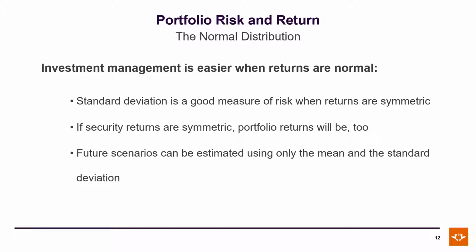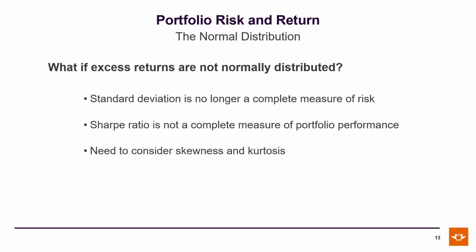But unfortunately, this is not always the case. Investment returns are not often normally distributed. For us, this makes things difficult because the standard deviation, which is a fairly easily understood measure for risk, is no longer a complete measure of risk. The Sharpe ratio, which relies on standard deviation as the measure of risk, is no longer a complete measure of portfolio performance.